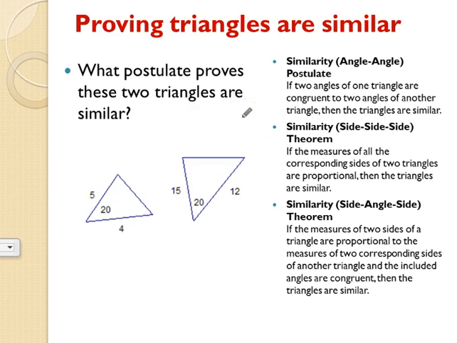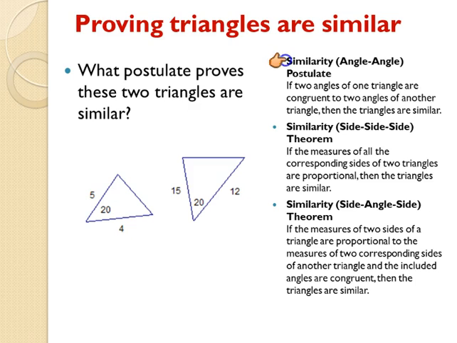So we're going to look at some postulates that look very familiar to us, but this time we're using them to prove similarity. So we've got 3 postulates that we're going to focus on this week. The first one is the angle-angle postulate.